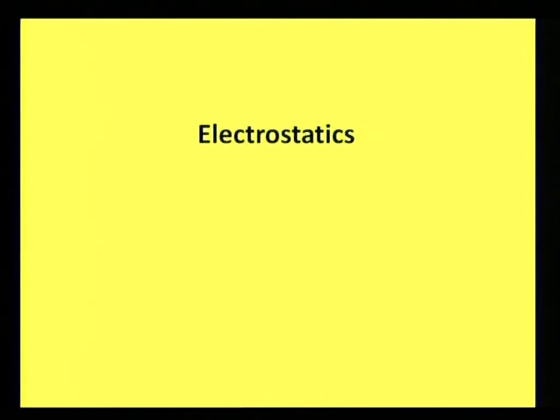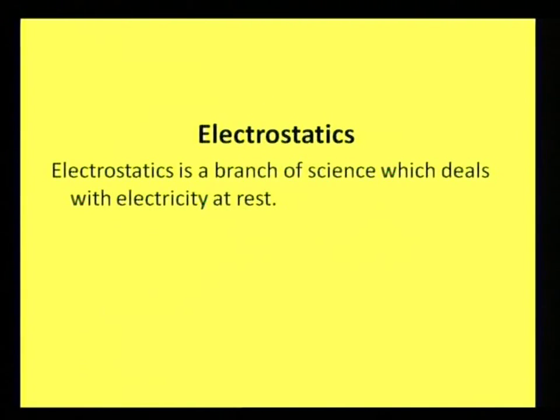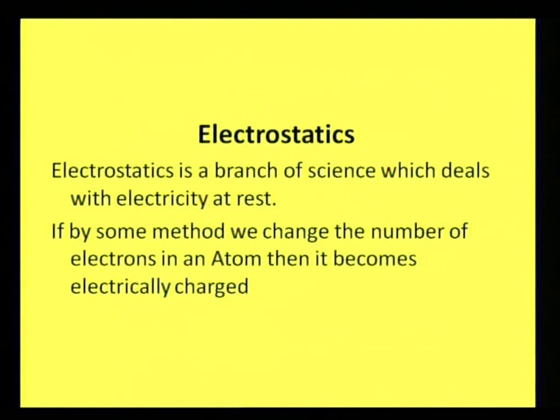Now electrostatics. So what is electrostatics? Electrostatics is a branch of science which deals with electricity at rest. We all know that an atom has an equal number of electrons and protons.